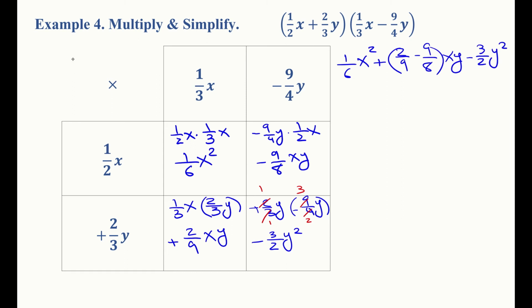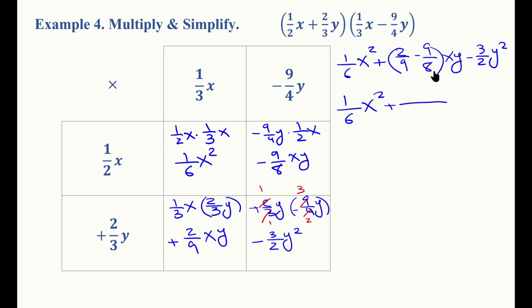So now we get 1/6 x squared plus, we need to combine those two, and they're not like fractions, so we need to find the common denominator.